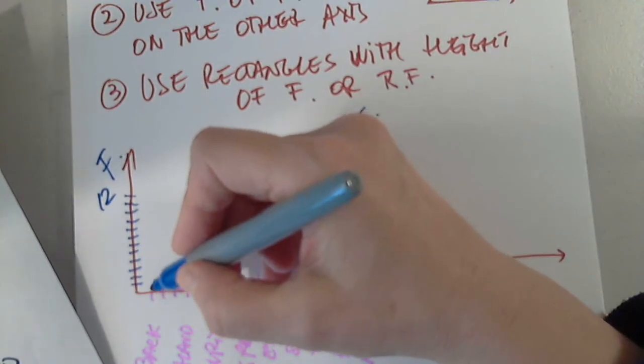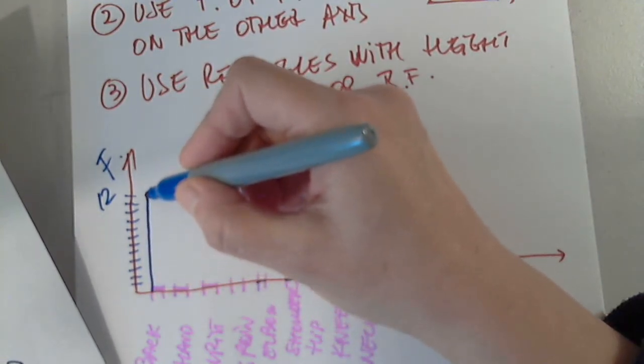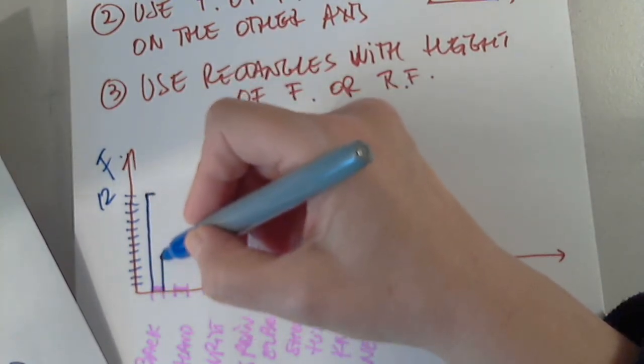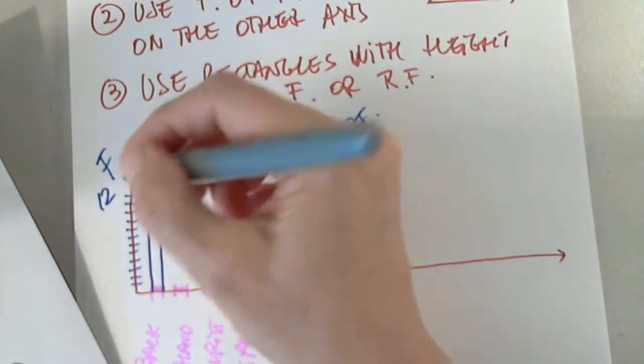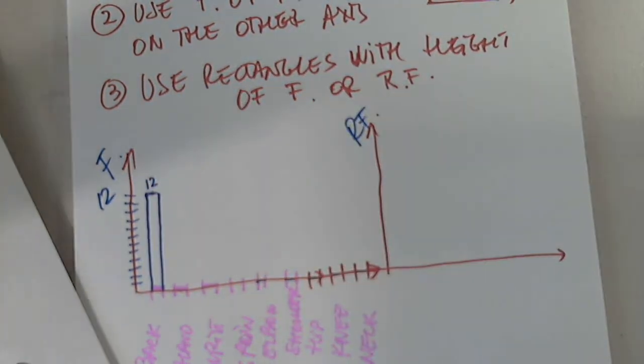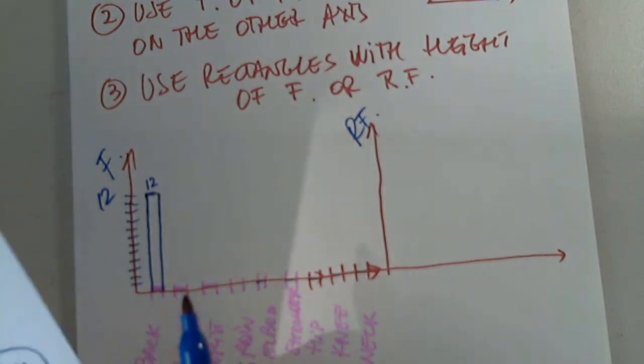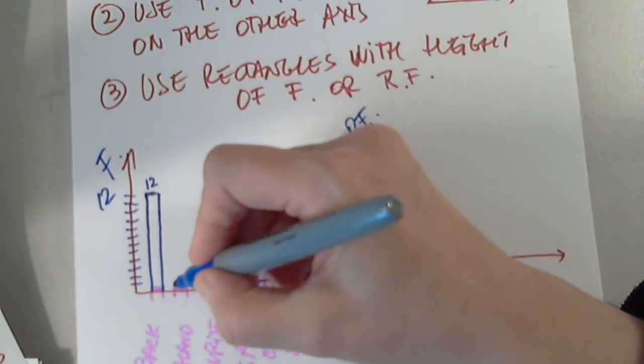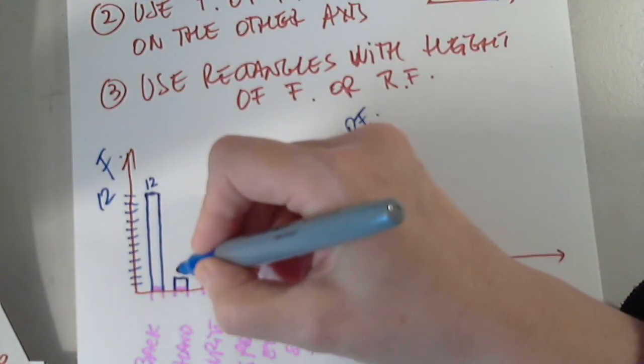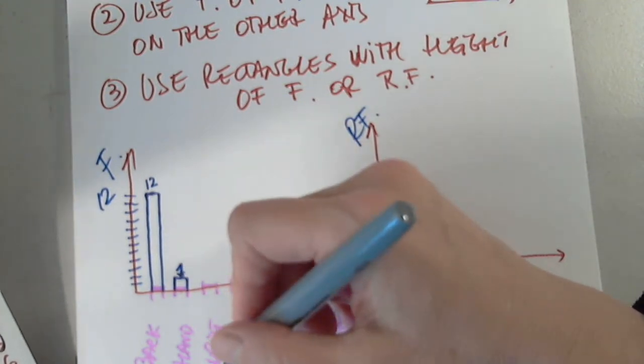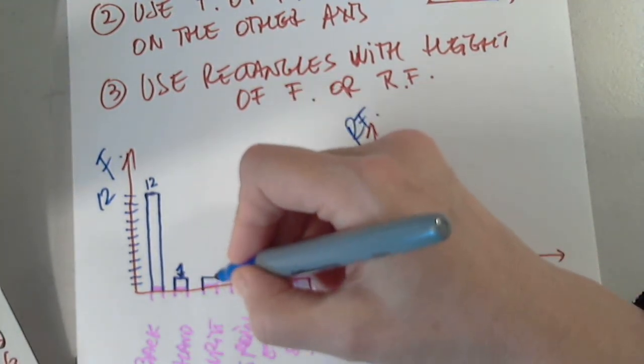So the bar for back will go up to 12. Sometimes you can write the 12 at the top. Hand goes to 1. Wrist also to 1, that's what we counted.